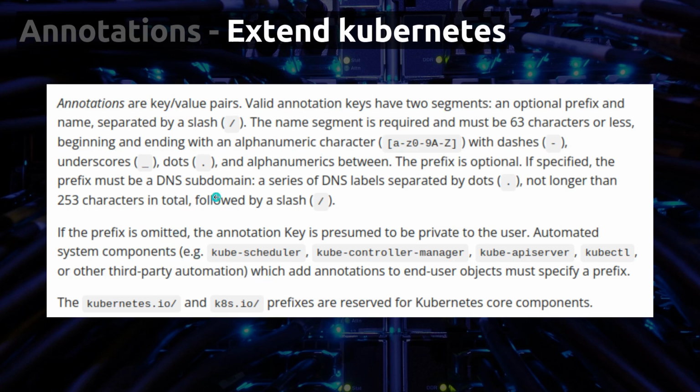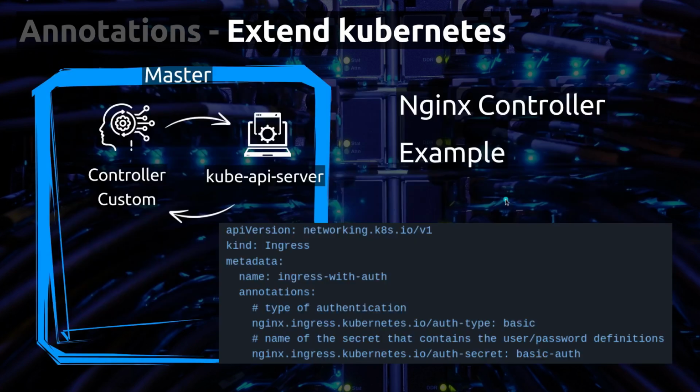And of course, like labels, you have some specifications inside the Kubernetes documentation, so you can check that also. Here is an example: this is an ingress, which we will see in some videos, and we can find for this specific object some annotations dedicated to Nginx.